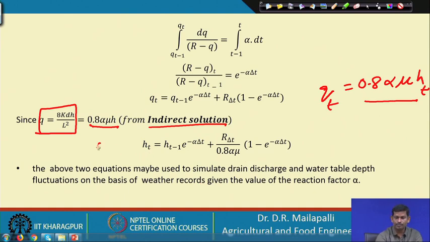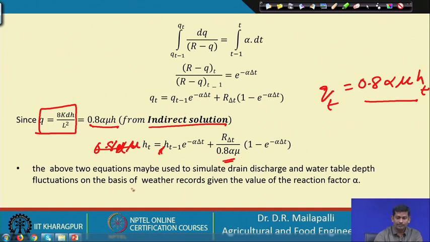Similarly, here 0.8 alpha mu h t. Then you take common terms. This cancels out, and finally 0.8 mu alpha will be in the denominator.